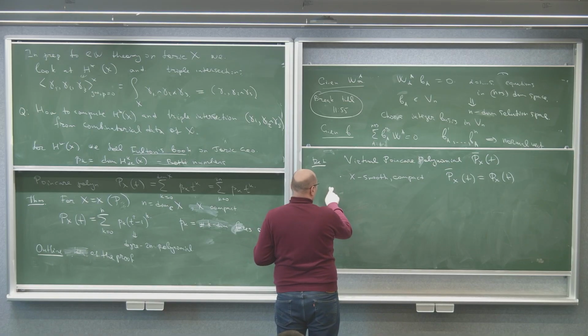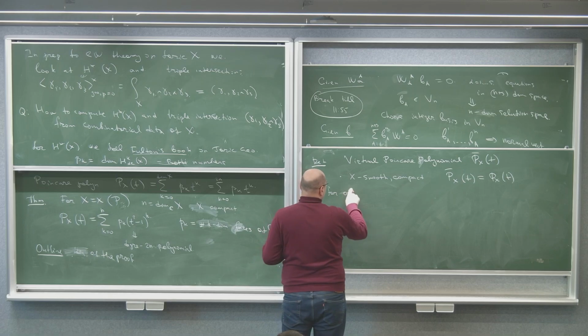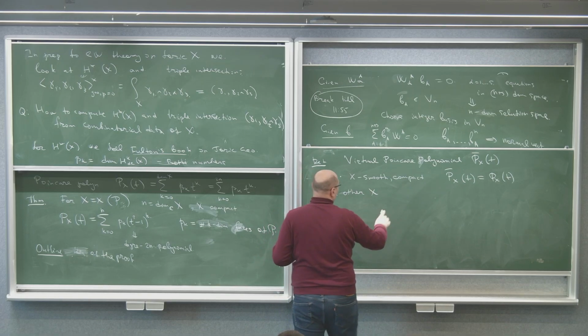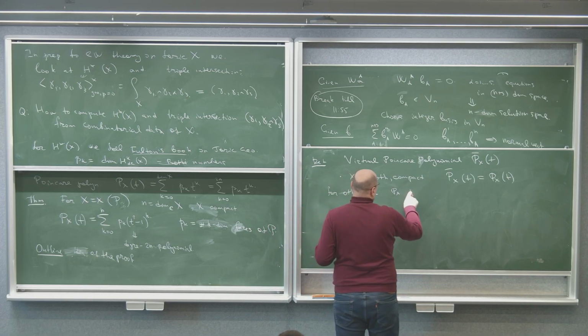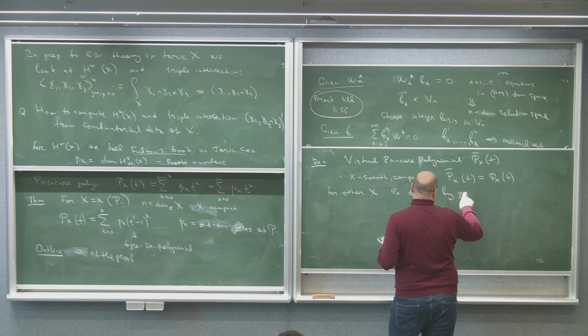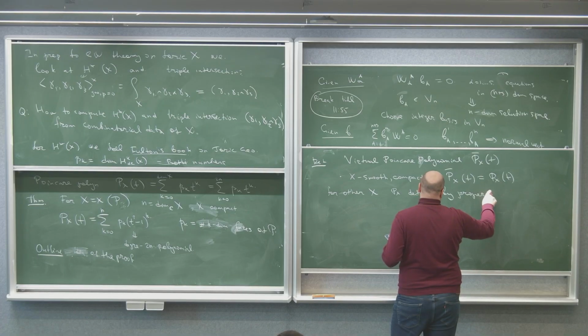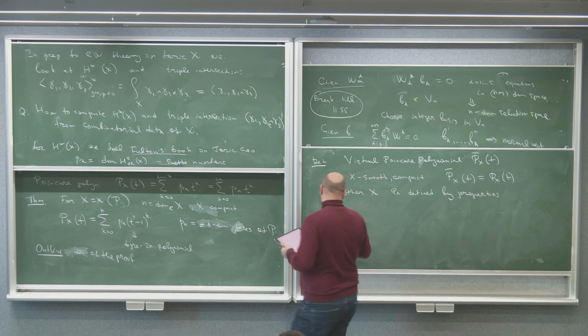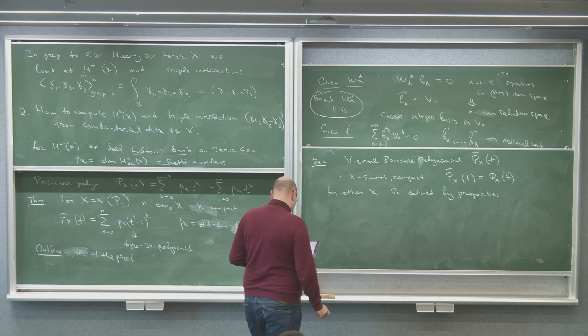So for other X, the polynomial is defined by properties, and here he defined it in the following way.